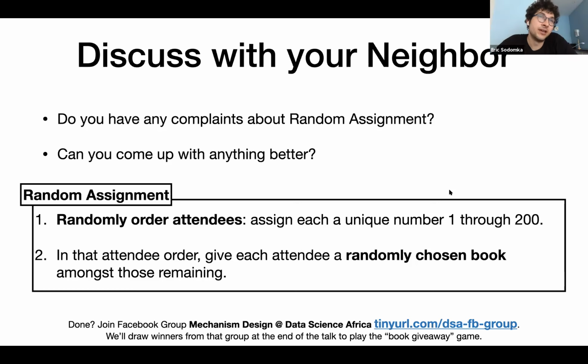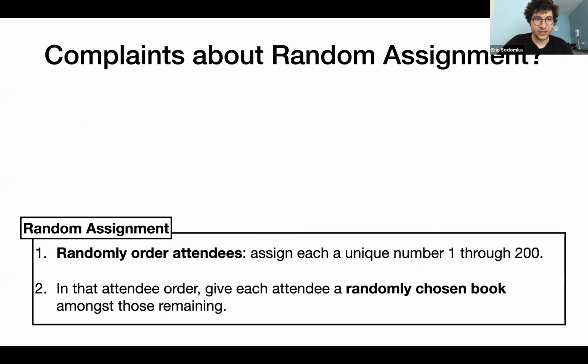Because maybe I'm really interested in AI, but I already have AI: A Modern Approach, and I don't have a book on deep learning or something like that. So maybe I have some books and don't have others, or maybe I'm interested in some subfield of AI and not some other subfield. So that's a useful insight that we're going to be using from here.